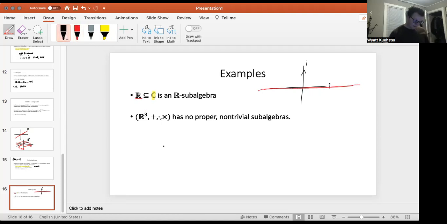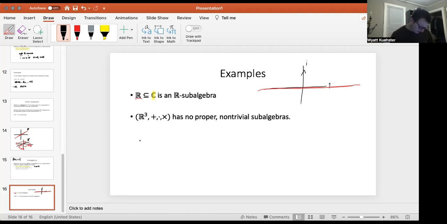And here's an example showing that being a subalgebra is a pretty strict condition. Many algebras don't have any non-trivial proper subalgebras. For example, the one we talked about where we take R3 and the multiplication on it is the cross product. Why?